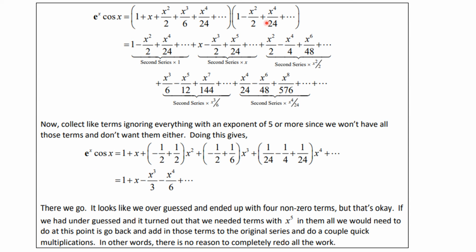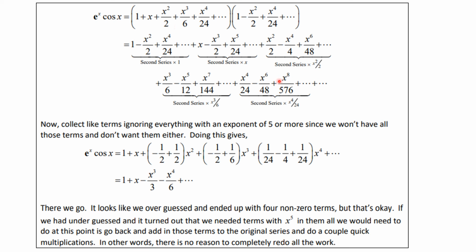Okay, so we start multiplying. This was when we took the second series times 1, and I realize that's an infinite series. So that's 1 times this. And then we're going to take the second series times x, and we get these values. Again, these are infinite series. This is going to be the second series times x squared over 2.